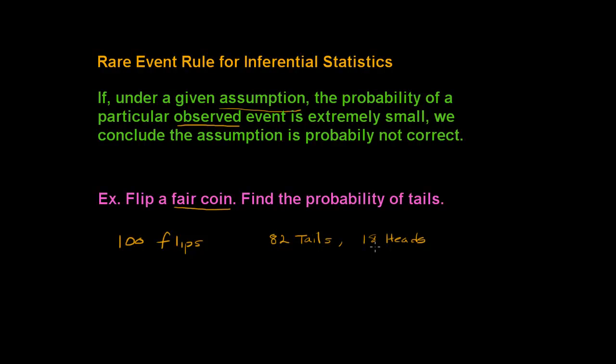We just would not expect that to happen. So instead of concluding that something rare has happened, isn't that interesting, instead we understand that the problem is probably with our assumption. Not that we just accept this and say, well, that makes sense. It doesn't make sense. So we would say, well, our assumption must be incorrect, that it's not a fair coin. So we'll discuss the rare event rule in this chapter a little bit, and then again when we study inferential statistics.